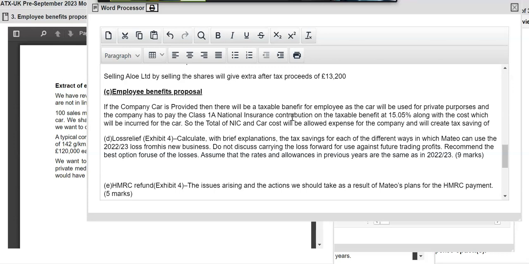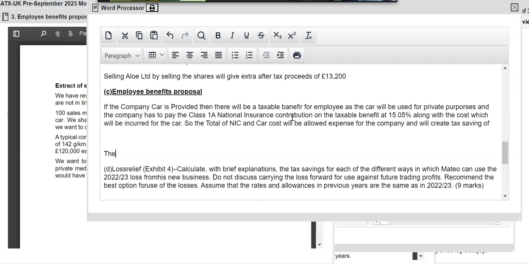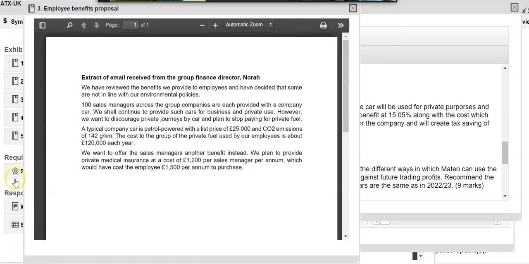Okay, so the calculations are in the spreadsheet for reference. Okay, so let's go to the Excel and let's calculate it.